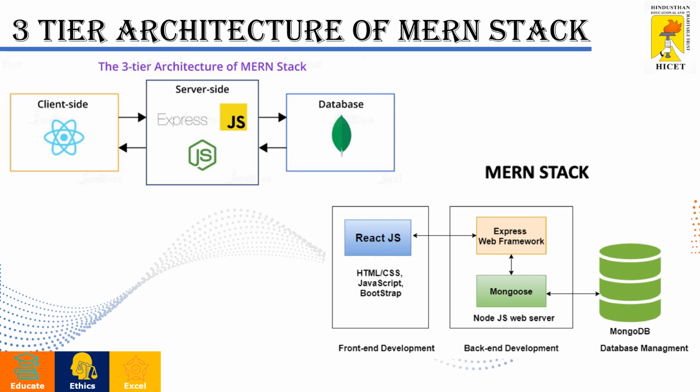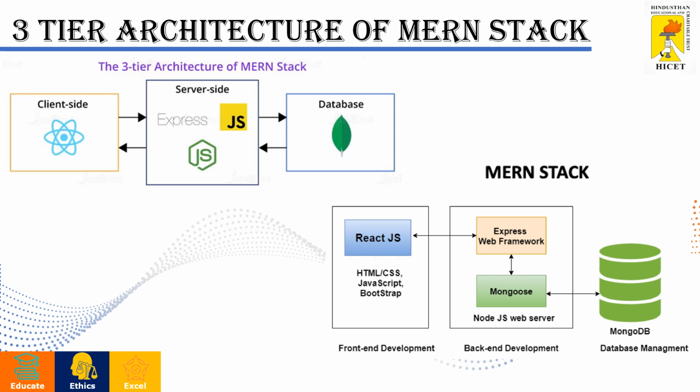From the figure you can see the first figure shows the three layers and the second figure shows the programming languages or the components that are used by these three layers.